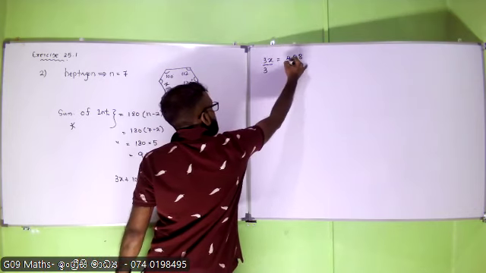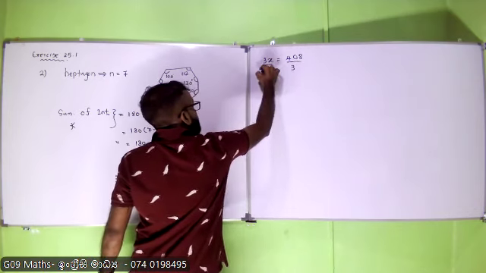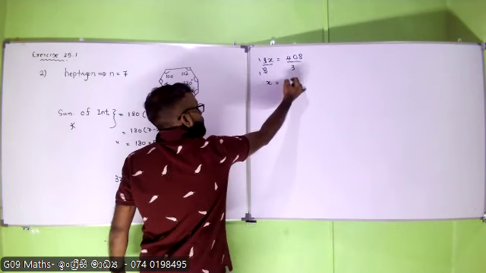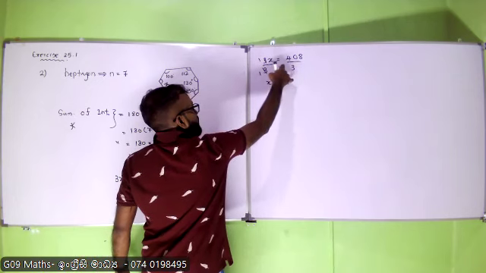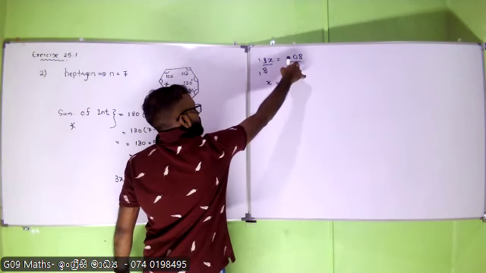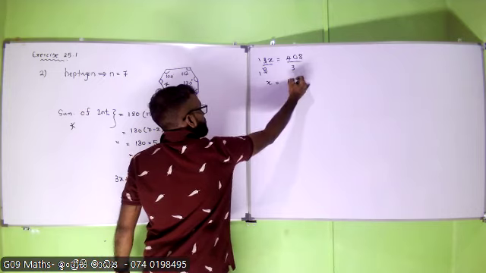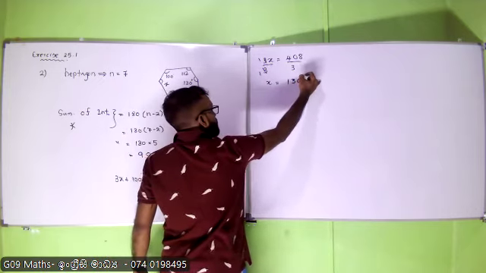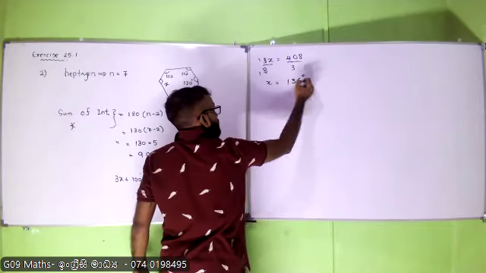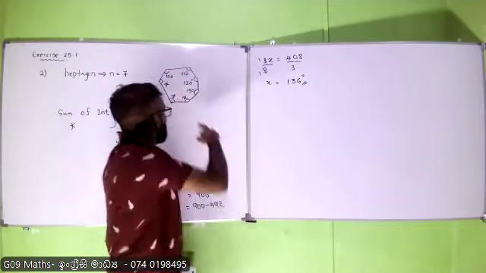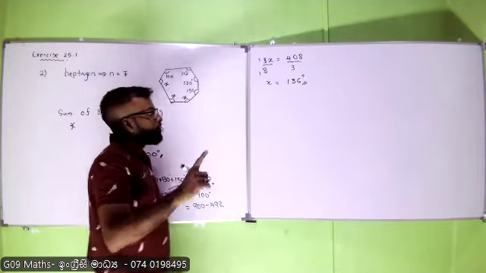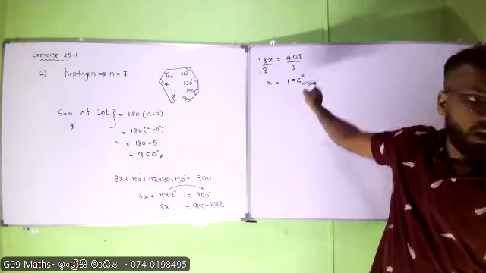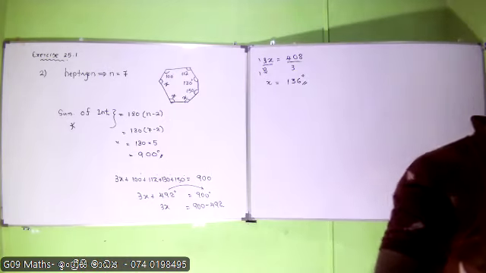Divide both sides by 3. So x equals 136 degrees. So the magnitude of one of the remaining angles is 136. Did you get that?